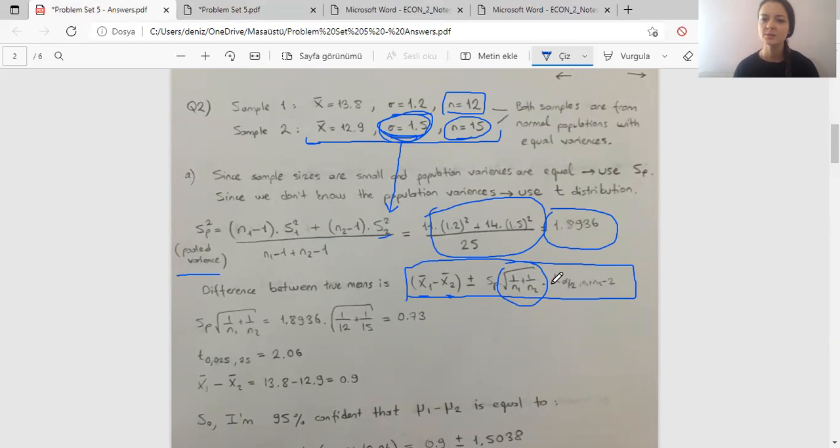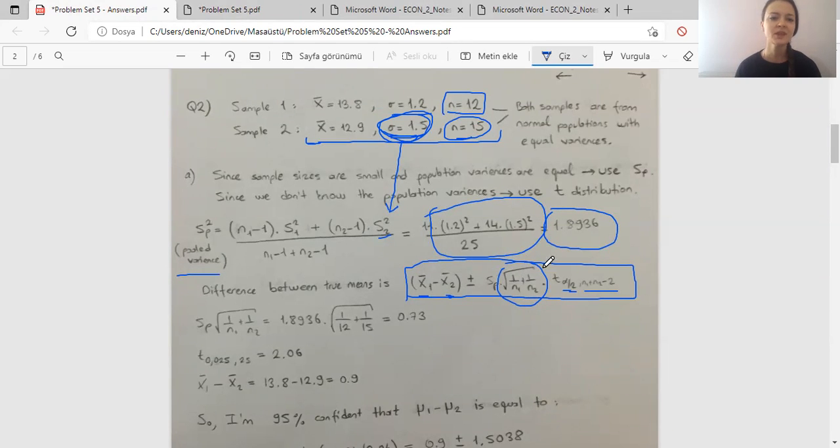Here we're going to use the t value with alpha over 2 and n1 plus n2 minus 2. From now on, we are just going to put in the values. So this is basically a formula-using question. Actually, this topic is mainly a formula-using topic.